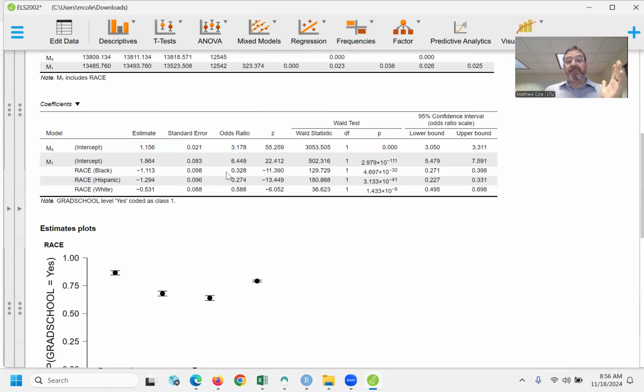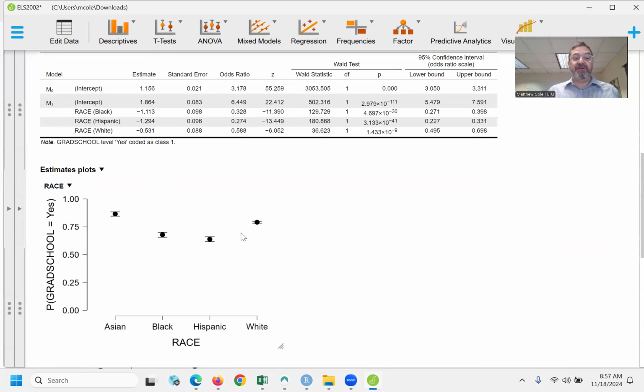Blacks are 1 minus 0.328, so approximately 70% less likely than Asians. Hispanics are 75% or 73% less likely, and whites are about 42% or 41% less likely.